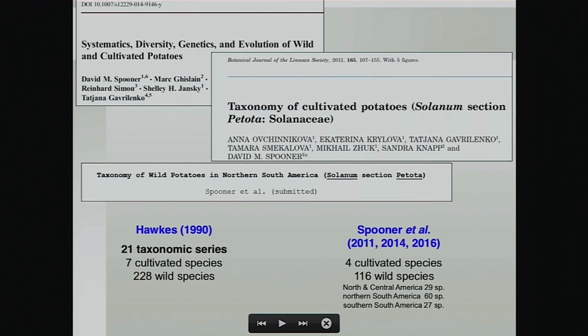Then, Cox in 1990 identified 7 cultivated species. Spooner in different years reduced the 7 cultivated species, saying that he recognized only 4 cultivated species, and he wanted to test that.